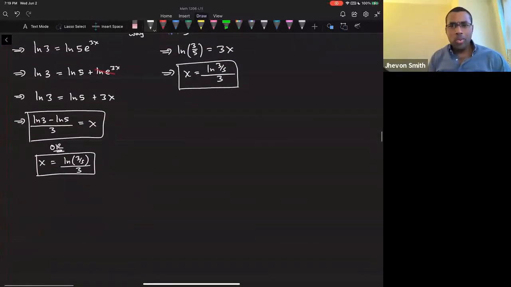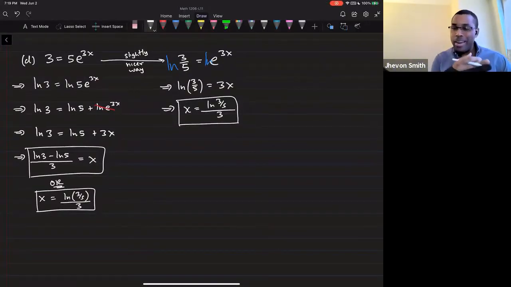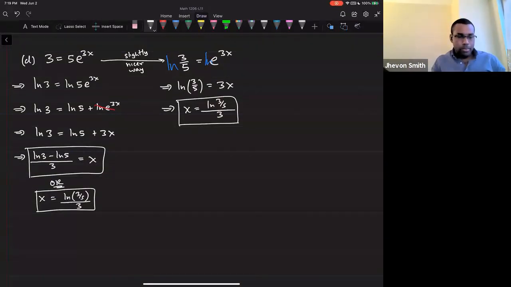There are times when I'd make weird recommendations like that, where I would say, do it this way instead of that way. And the reason why I say that sometimes is just because statistically speaking, most of the time when I see students take this route, they end up messing it up somewhere versus if they happen to choose this route, they end up getting it right. So yeah, there are times when I would recommend certain things like that.